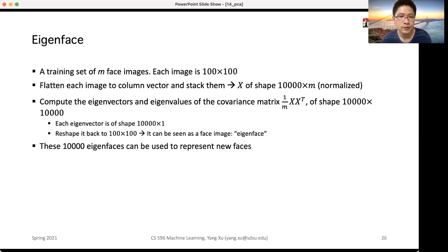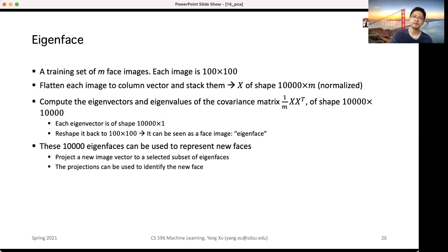So these 10,000 eigenfaces can be used to represent new faces, and in theory we don't need to use all those 10,000 eigenfaces. We can use only a small subset and project a new image vector to the selected subset of eigenfaces, not all 10,000.